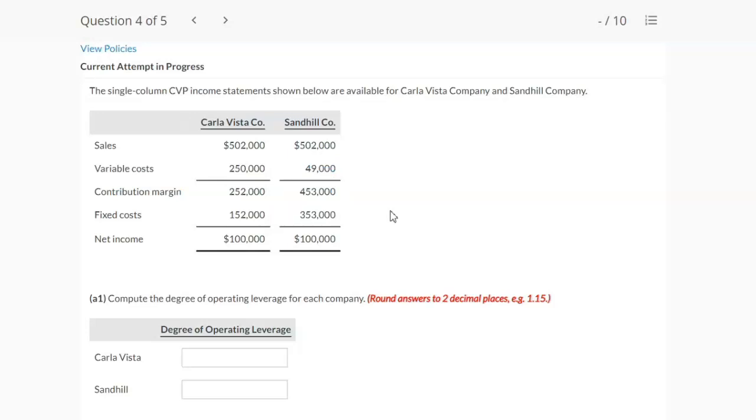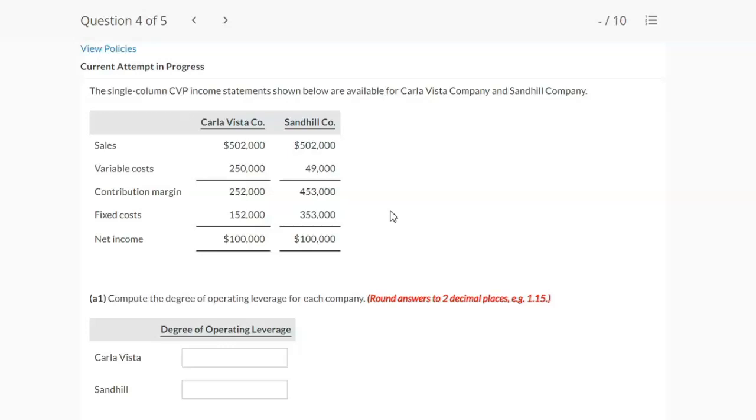You add 49 and 359, you should get 402. The costs are the same, but the percentage variable cost is of the total is different. So you see they have different cost structures, even though they have the same expenses in total.